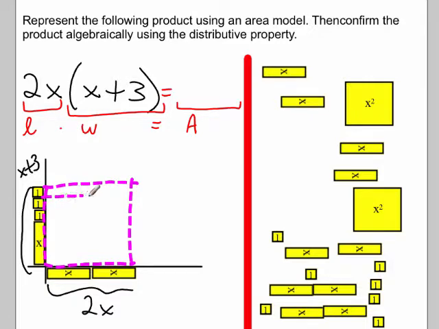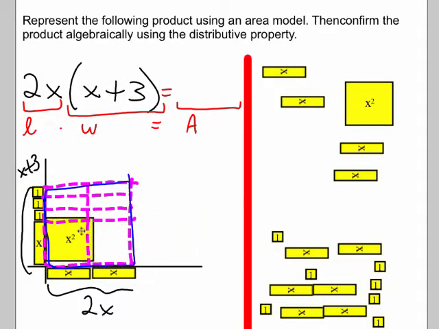And I can get individual subdivisions if I just extend from the pieces on the outside of the bars. And so the area of my rectangle in blue is made up of the pieces that I see. Well, I can see if I try to fill those sections in that I have 2x squareds.